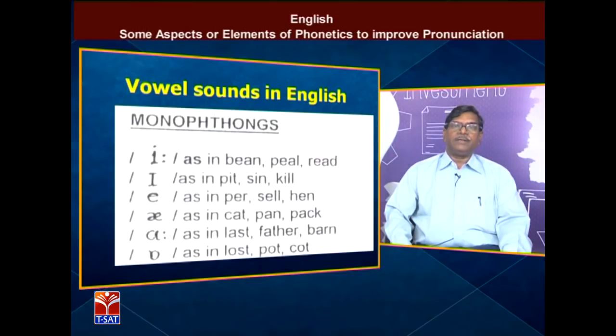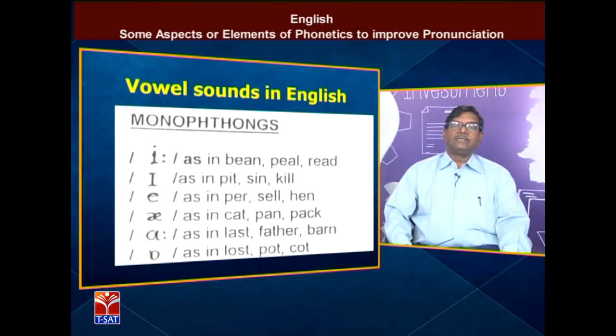In all these cases, it is elongated E and it is represented by that symbol. And these symbols are put between 2 slant lines to represent that they are the symbols of sounds, but not alphabet.